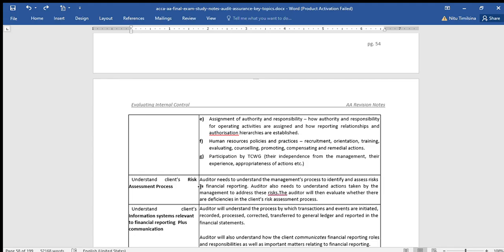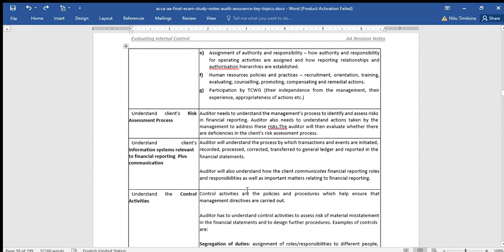The second point of the component of internal control system over financial reporting is understand client risk assessment procedure. Auditor needs to understand the management process to identify and assess risk in financial reporting. Auditor also needs to understand actions taken by management to address this risk.